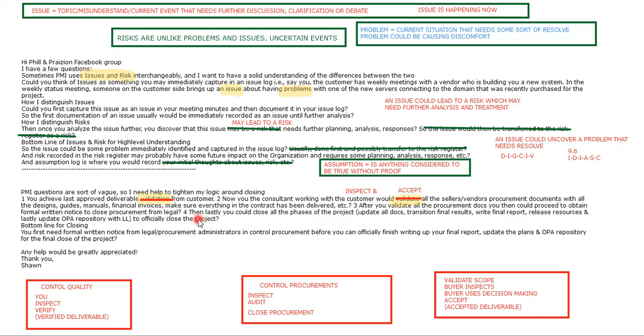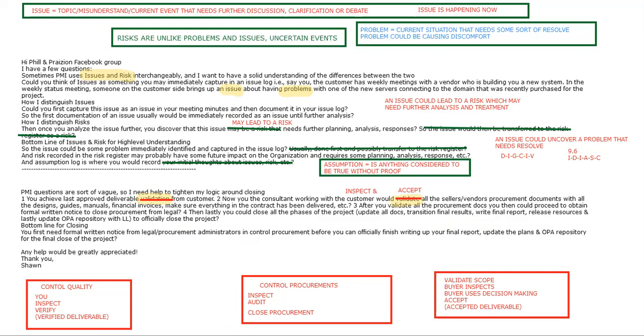All right, number 4, you said, and lastly, would close out all the phases, update all the documents, transition final results, write final report, release resources, and lastly, update OPA. So I would rather think about closing not from a procurement perspective, but I would think about closing from a 4.7 perspective.